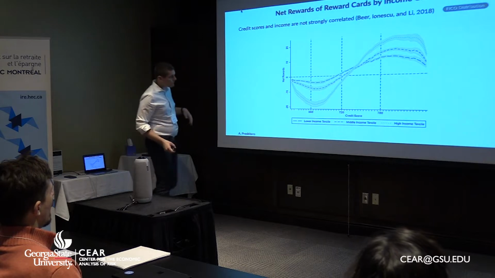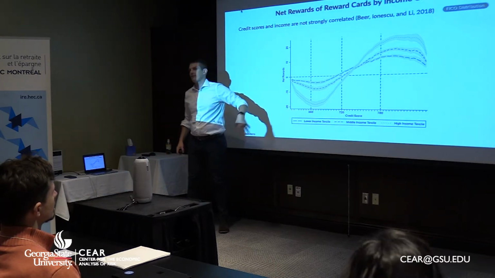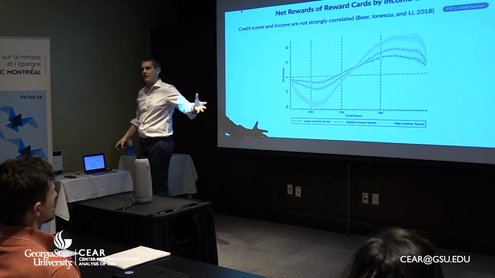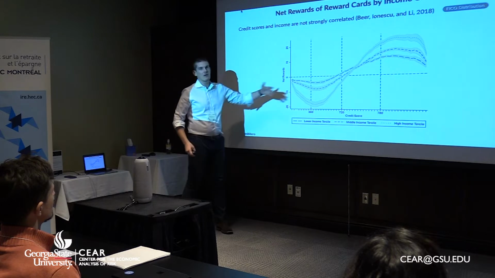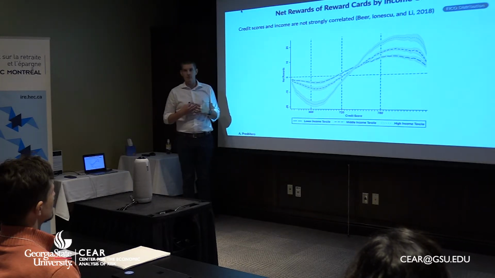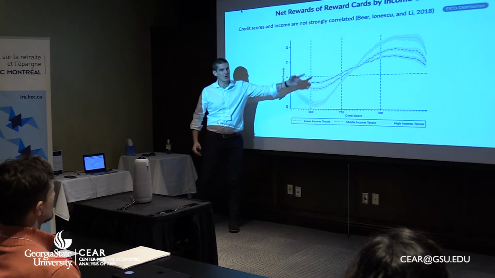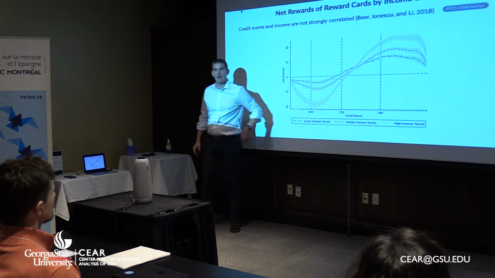Second of all, we do our analysis splitting the sample in three terciles of income. So we have low income individuals, the middle income, and the high income individuals. And you can see from the chart that basically you have the same story. Clearly the magnitude, the dollar amount of the distribution changes, but we have the same shape if we look at the lower income tercile, the middle income, and the high income tercile.